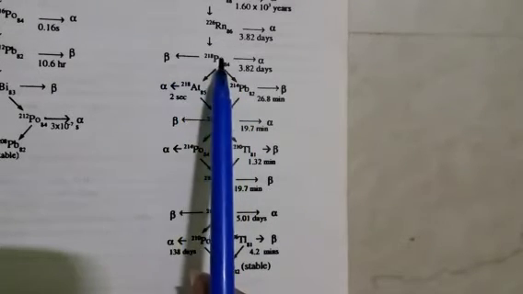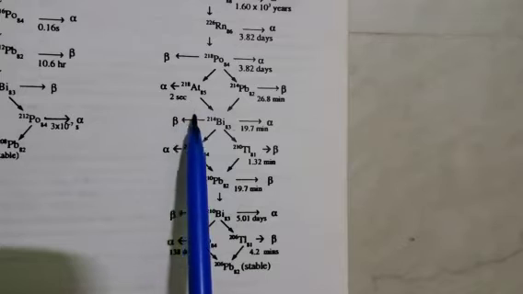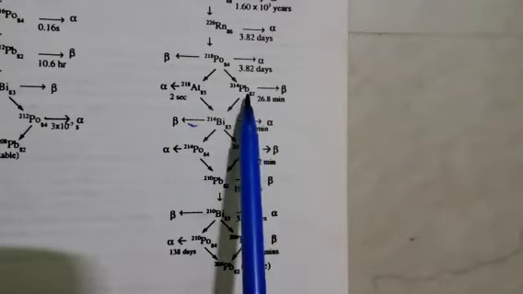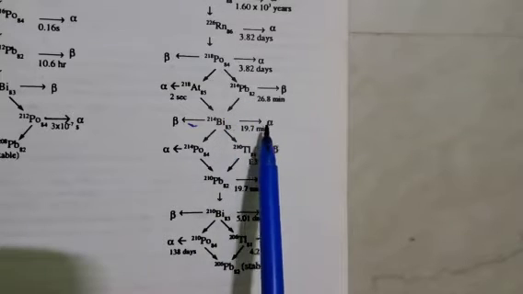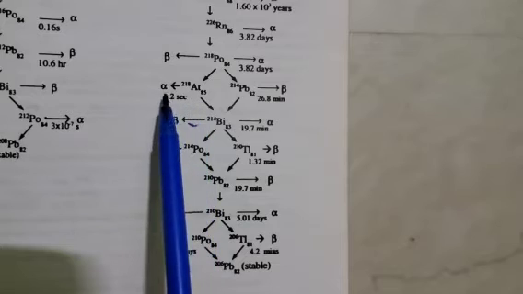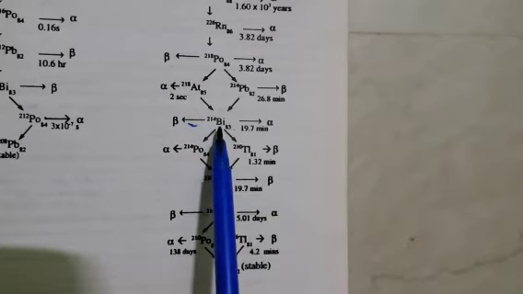If it emits a beta particle, it forms At, that is astatine. If lead emits an alpha particle, it forms bismuth, or when the astatine emits an alpha particle, it will also form bismuth.